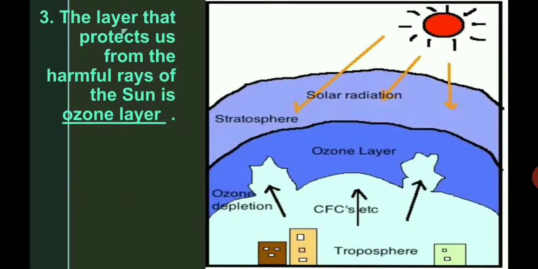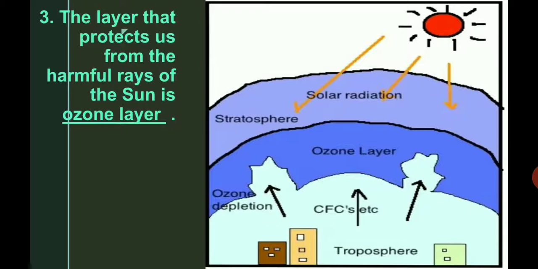So which layer protects us from the harmful rays of the sun? Look at the picture, students. Harmful rays means ultraviolet rays.